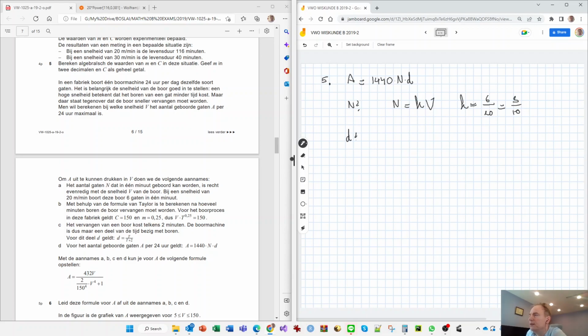And D is T divided by T plus 2. What is T? We have to figure that out from some properties of this particular drilling process given here. Namely, V times T to the power 0.25 is 150.